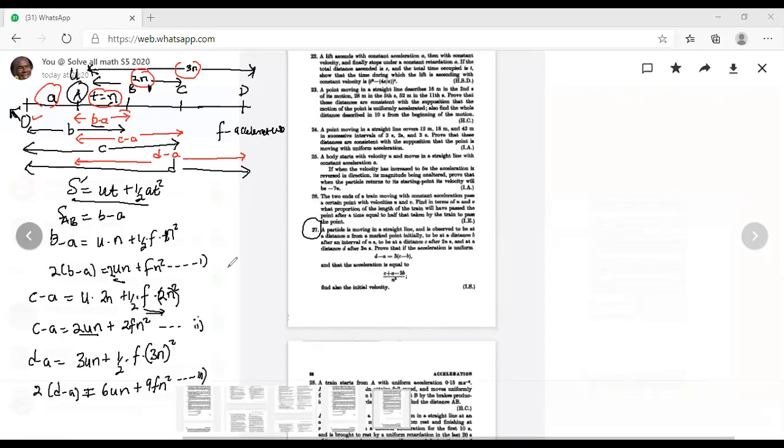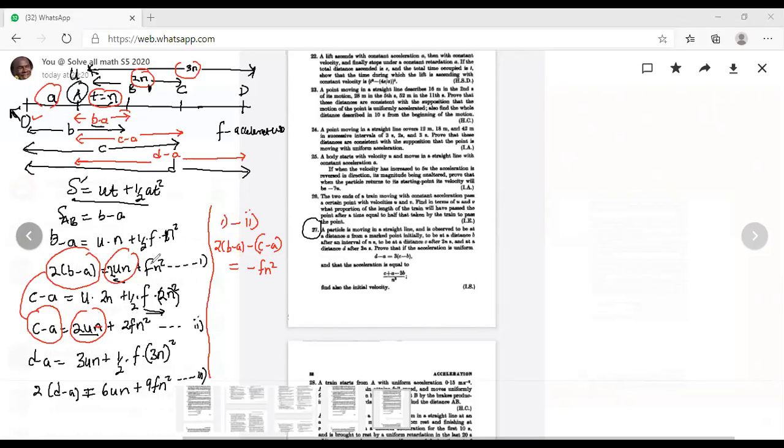Now we have the 3 equations to solve simultaneously. Because this one is the same as this one, I can straight away say equation 1 minus equation 2. I shall have 2 into b minus a, minus c minus a, is going to be equal to 0, because 2un minus 2un gives you 0.